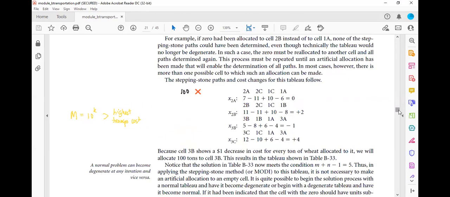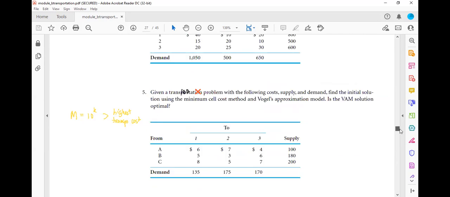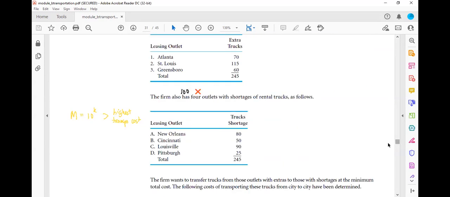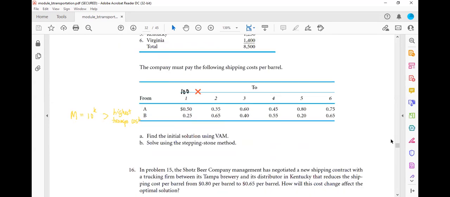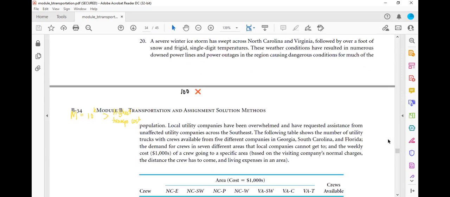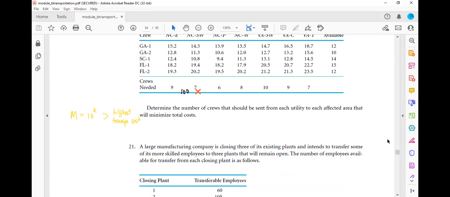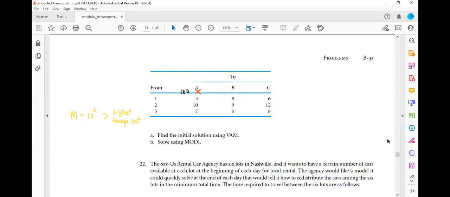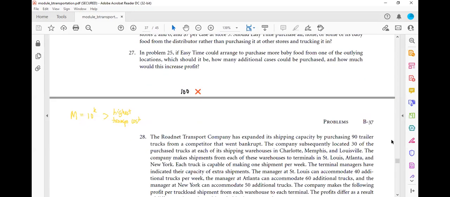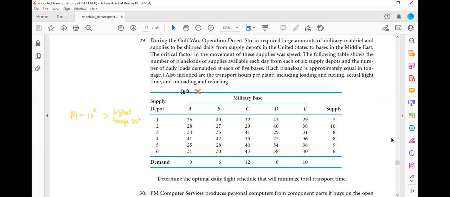Meron na ako nakita dito may M eh. Assignment na to eh. Kukuha nyo ba, guys? Ha?